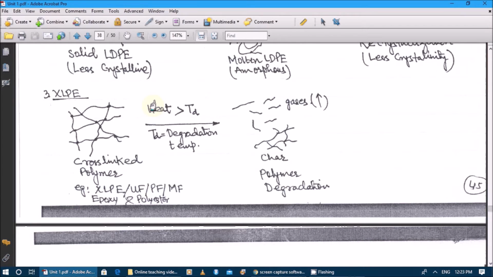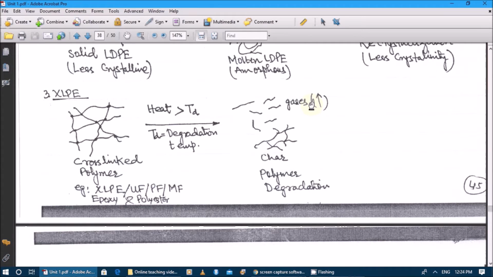Rather, if we keep on heating them, what will happen is they will reach their degradation temperature, represented as TD, and at the degradation temperature they will be converted into char and gases.